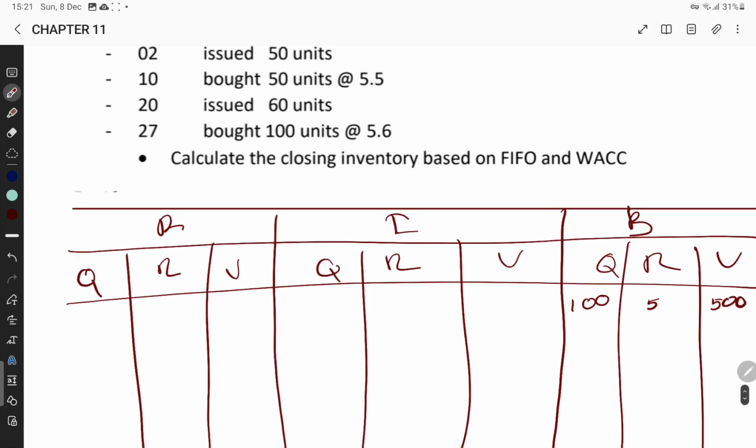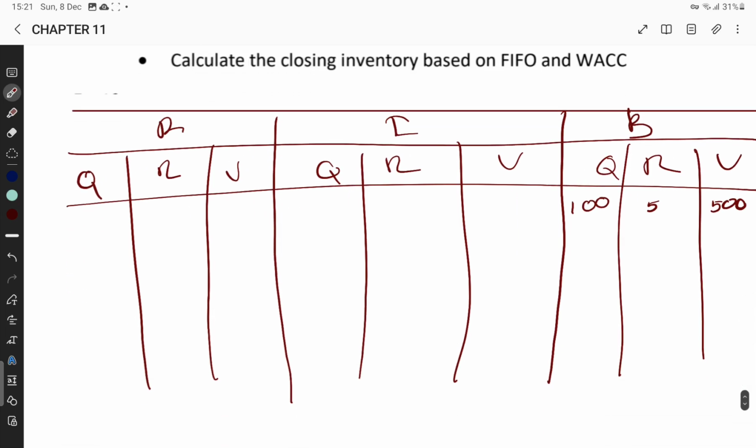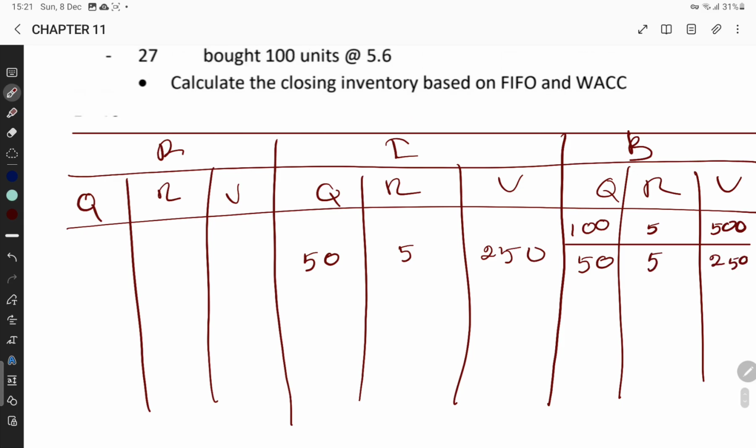Then we have issued 50 units at the rate of 5, the value is 250. Out of 100 units, I have issued 50, so only 50 units remain at the rate of 5, which is 250.